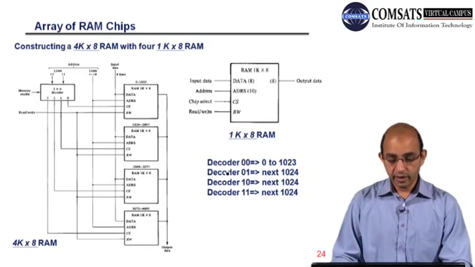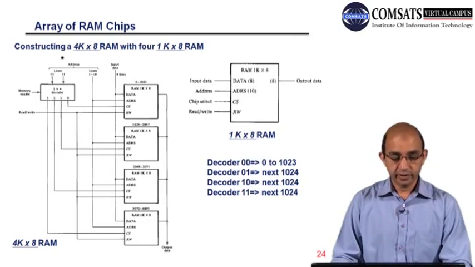If we have 01 at the decoder, the next block will be selected. For decoder 10, this third block will be selected, and for decoder 11, this block will be selected.